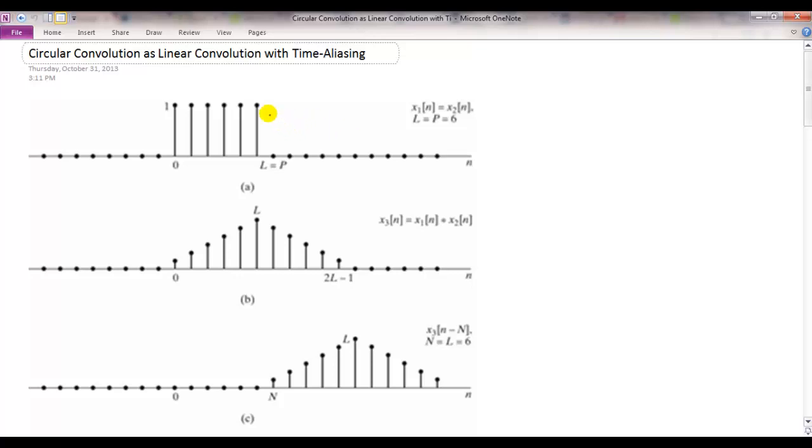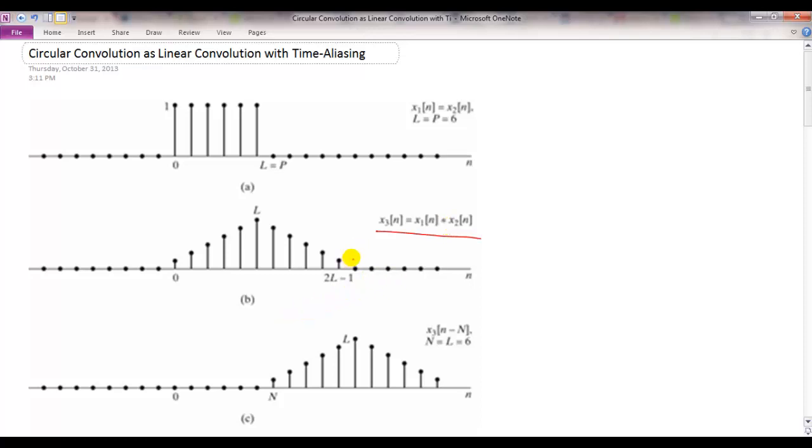So here is an example of showing circular convolution as a linear convolution with time aliasing. You are given two sequences. It's the same set of sequences that we saw before, just rectangular pulses with length 6. This is your linear convolution. Your linear convolution of rectangular sequences is just this triangular signal.